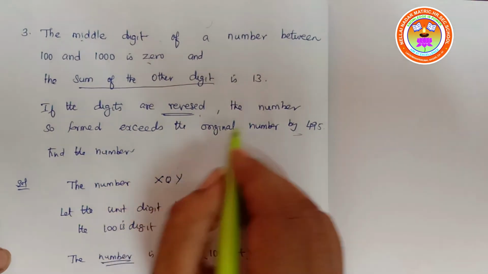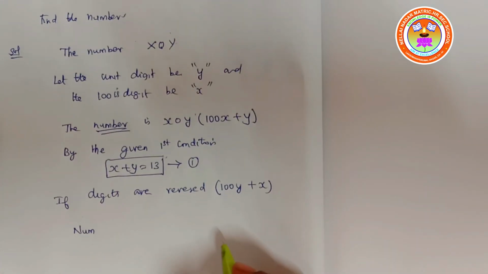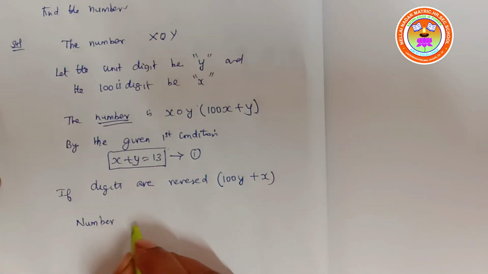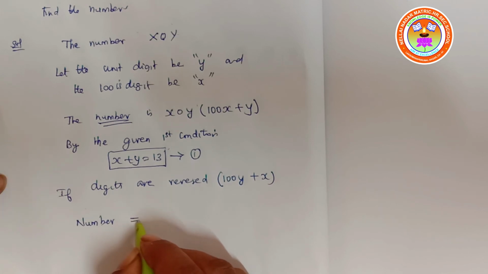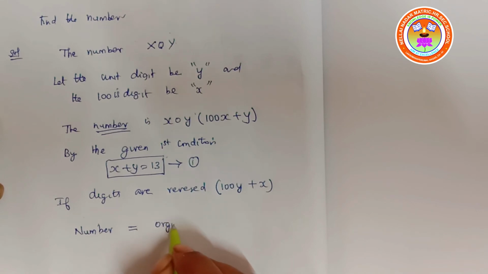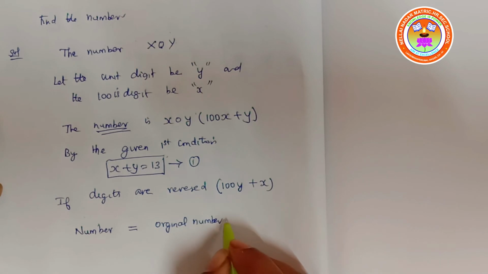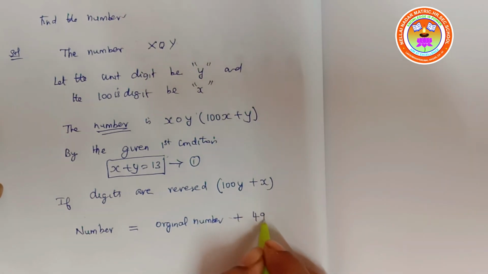The number so formed exceeds the original number by 495. So the reversed number is equal to the original number plus 495.